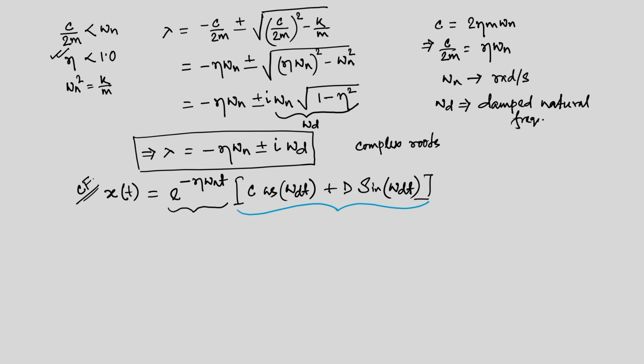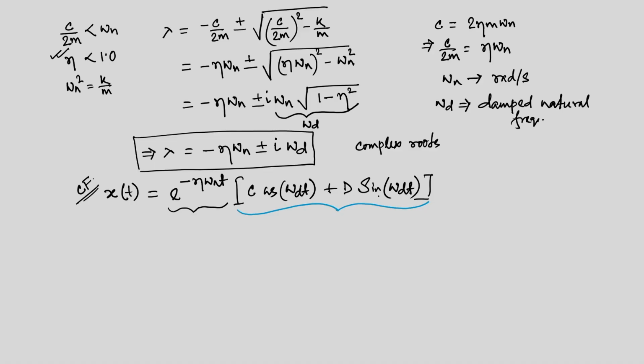So, we have three different cases. We started with the overdamped system, then the critically damped system, and now we have the underdamped system. In the previous two cases, we noticed that the solution is not periodic, but when we have an underdamped system, the nature of the solution tells us that we will encounter some kind of vibration. We will plot this in a minute and see how this solution looks.